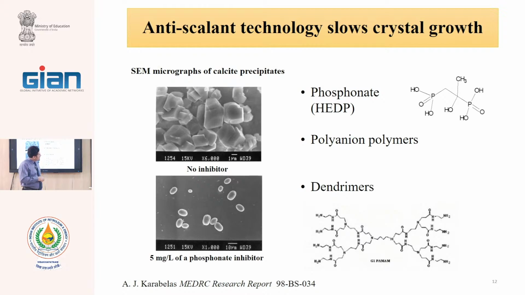With the addition of a very low amount of this anti-scalant and testing for 1 week, 1 month, they give this SEM image of the membrane surface and we see that the anti-scalant reduced the formation of the crystals.